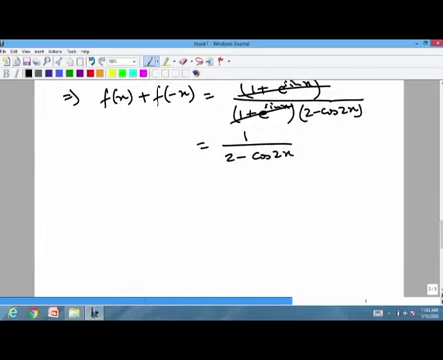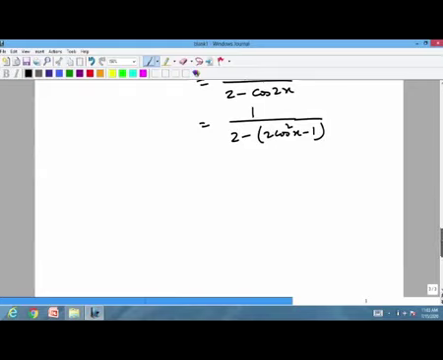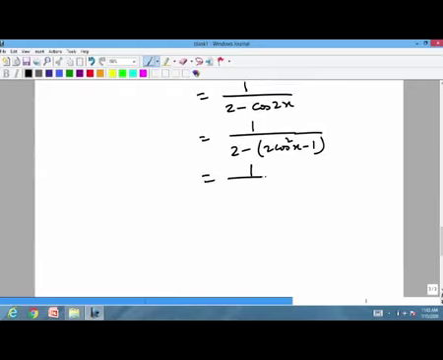Now, I will use the formula for cos 2 x is equal to 2 cos square x minus 1. So, this is equal to 1 over 3 minus 2 cos square x.